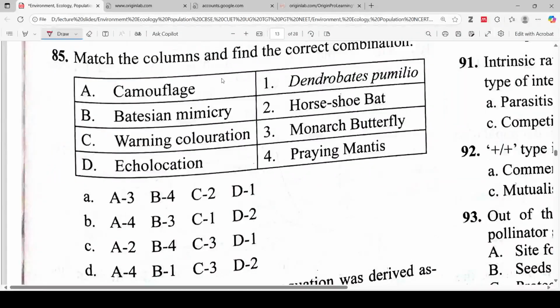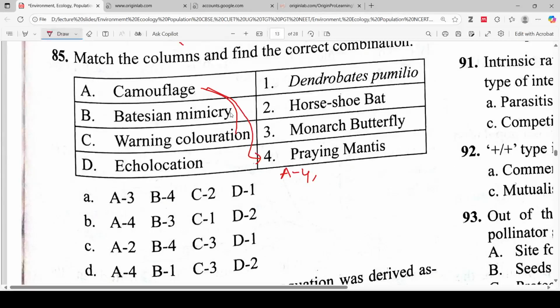again matching. So A match with 4, A 4. B match with Batesian mimicry.